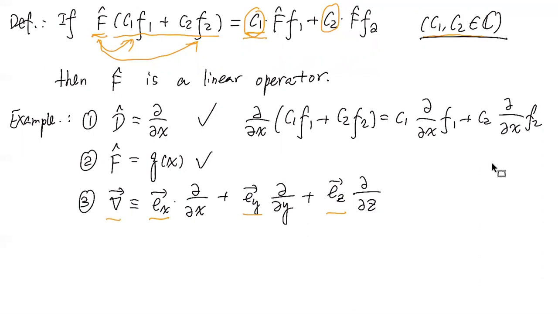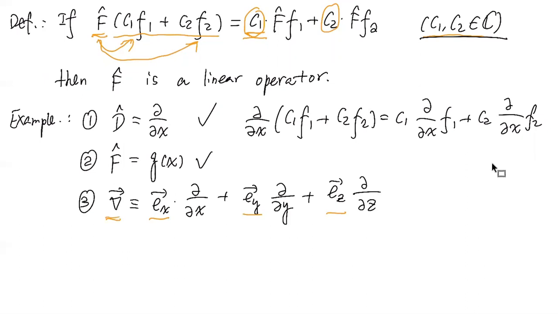So the gradient operator is really a vector, right? If you apply the gradient operator on a scalar function, you will get a vector. So is this gradient operator a linear operator? Of course.